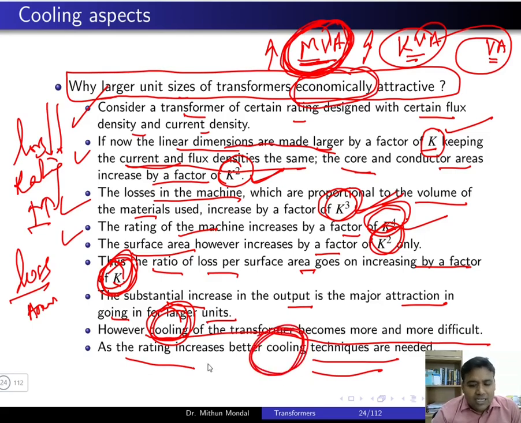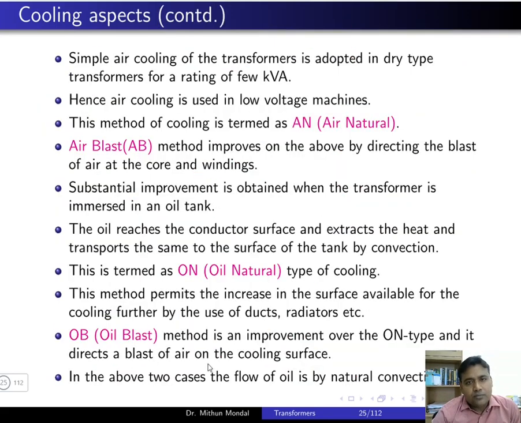We have discussed the core, the winding, the nature of the oil, and how the greater the rating of the transformer, the better it is economically. However, we'll have some cooling aspects.